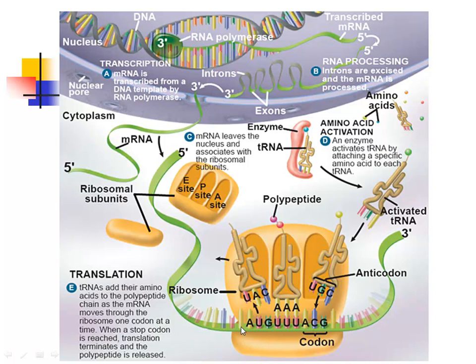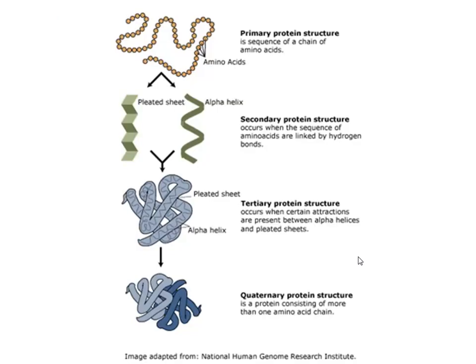The ribosomes read the messenger RNA 3 letters at a time, which is a codon. That brings in a transfer RNA, which has an anticodon on one end and an amino acid on the other. It strings the amino acids together to make a protein, and that becomes the entire process of how a protein molecule is made. And then you could get into more detail.